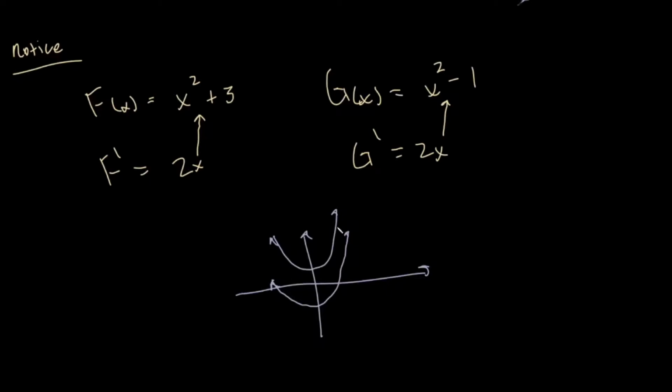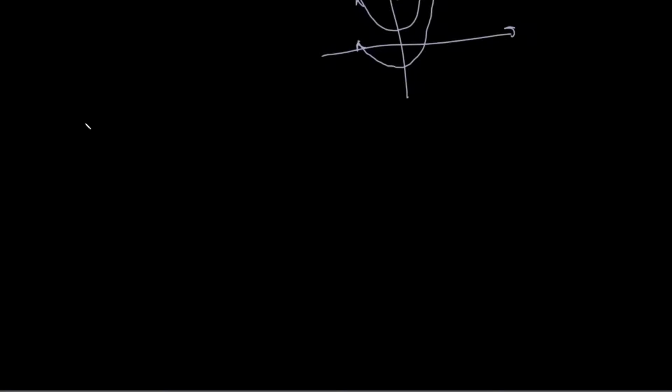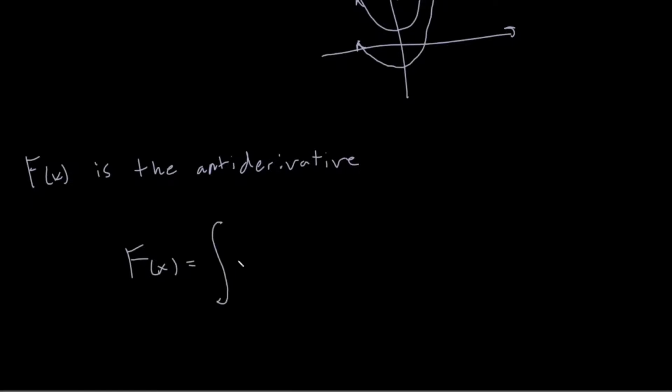Okay, so we say, and there's a sign for antiderivative too. So let's say f of x is the antiderivative and f of x is given by this stuff, right?